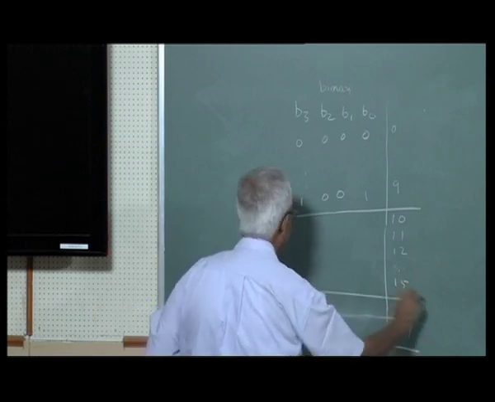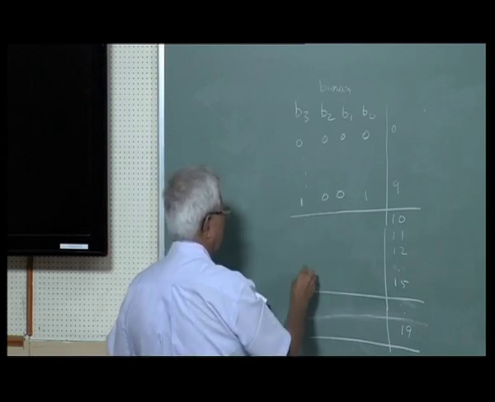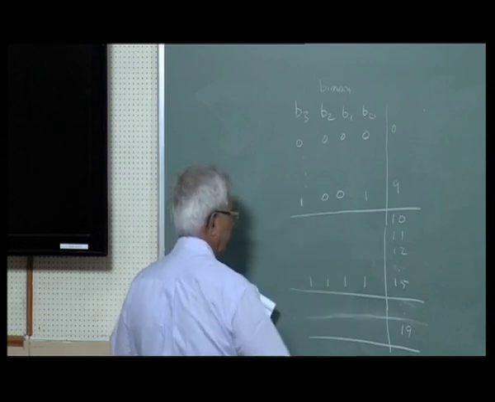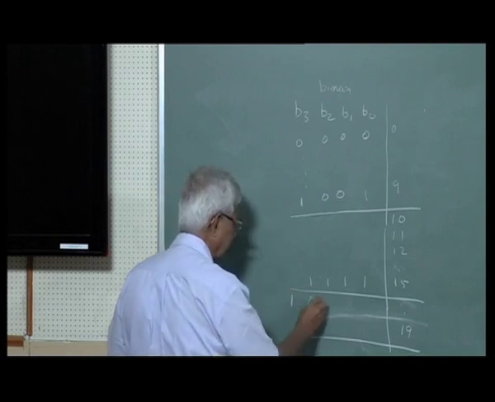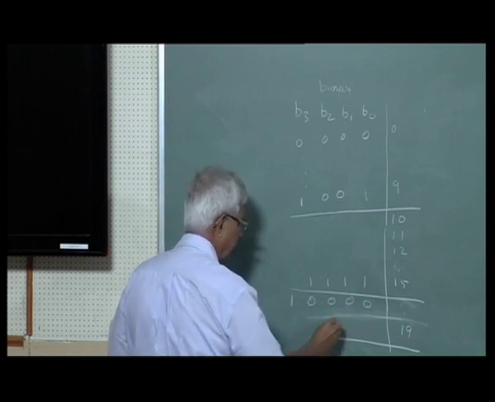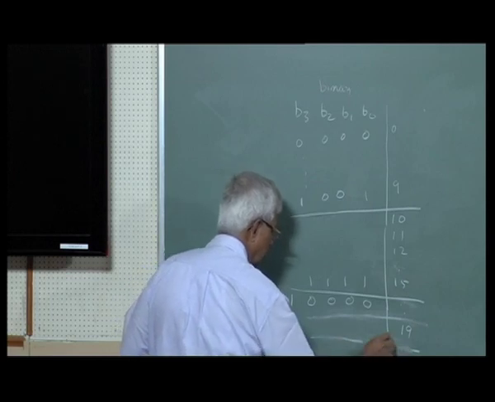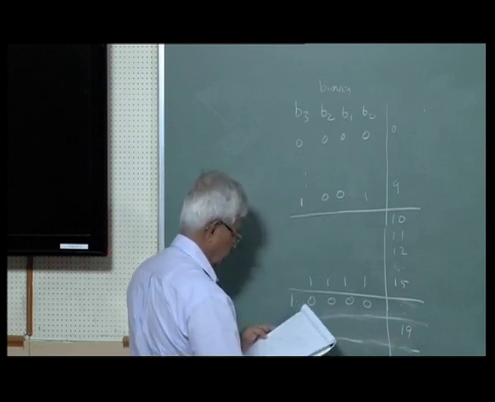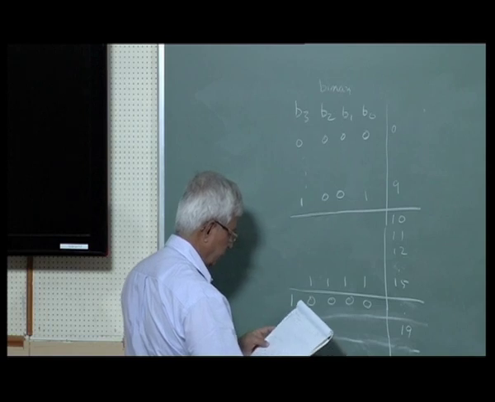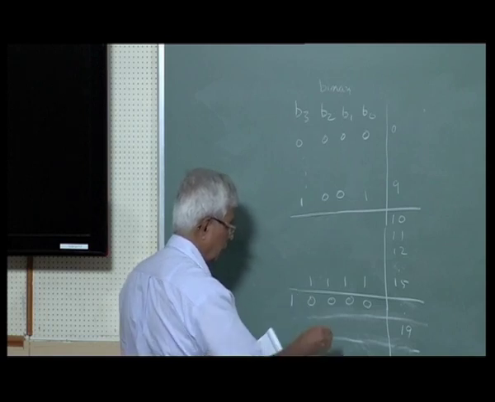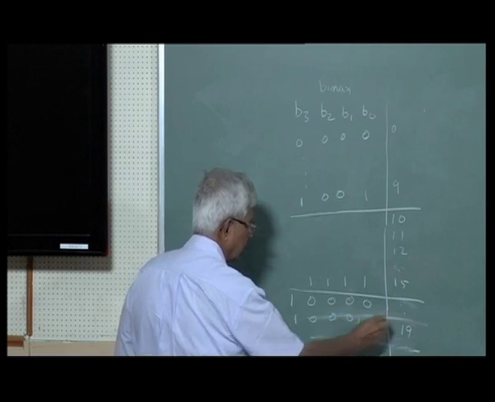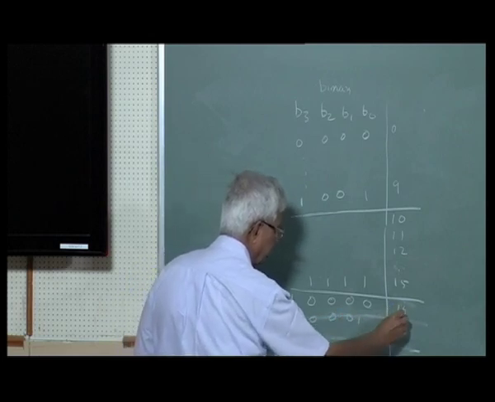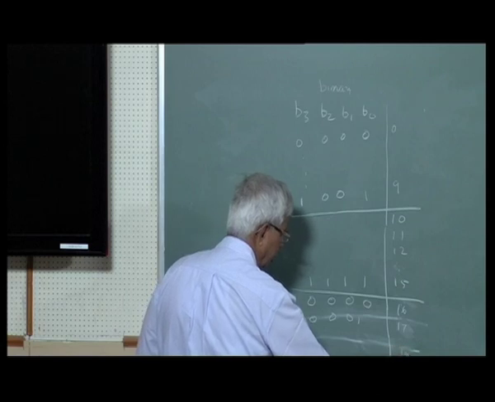So 15 is 1 1 1 1. When you try to exceed 15, you will have a carry, and it again starts from 0 0 0 0. And finally it will end up with 1 0 0 0 1 0 0 1. This will be 16, this will be 17, etc., up to 19 we want.